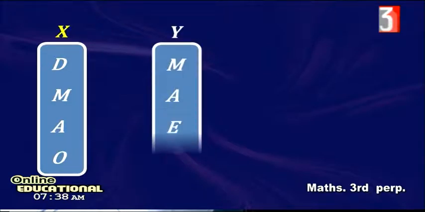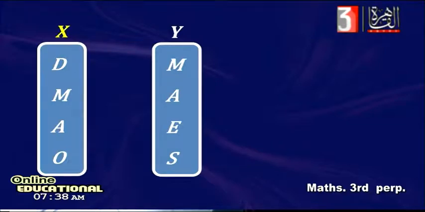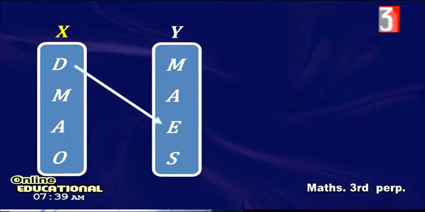So we are going to write M for math, A for art, E for English, and S for science. Then we are going to make a relation between them by the arrows. Then you noticed before that Dina likes the English subject. So Dina will be joined with, of course, English.